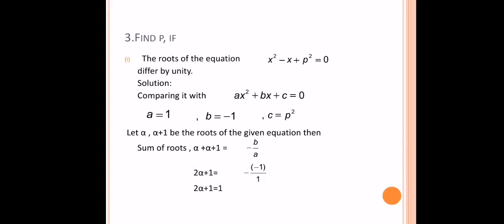It will be 2 alpha plus 1 is equal to 1, and then 2 alpha is equal to 1 minus 1, as we shifted 1 from the left hand side to the right hand side. We get 2 alpha is equal to 0, which gives alpha is equal to 0.